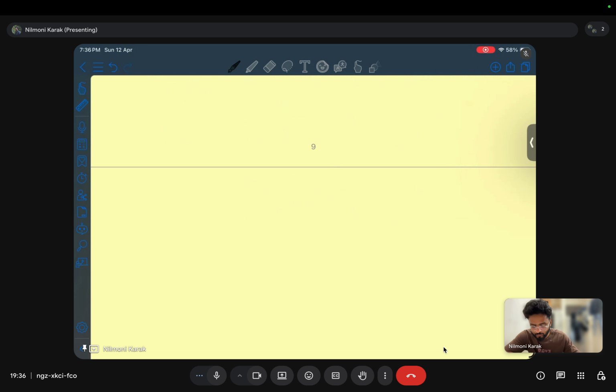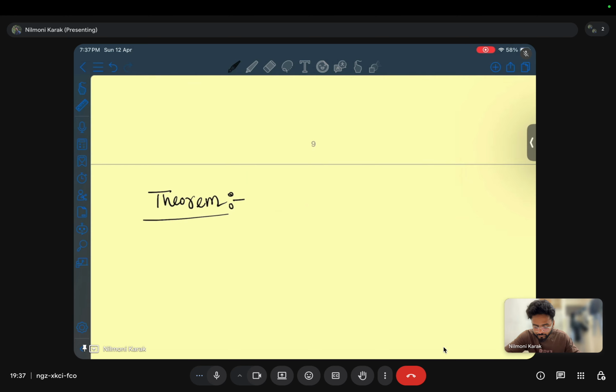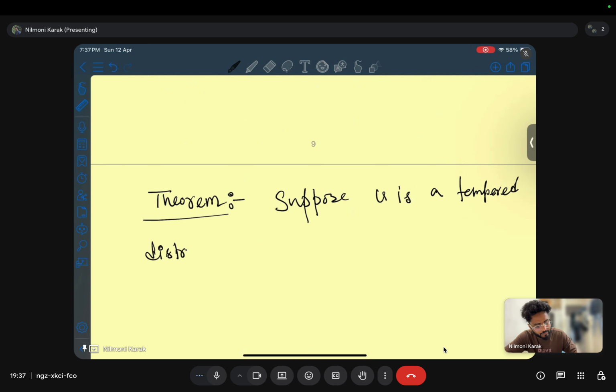Now we go to the definition of Fourier transform of a tempered distribution. Suppose U is a tempered distribution.